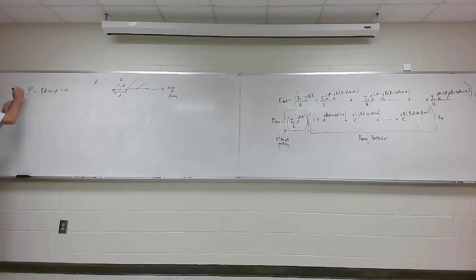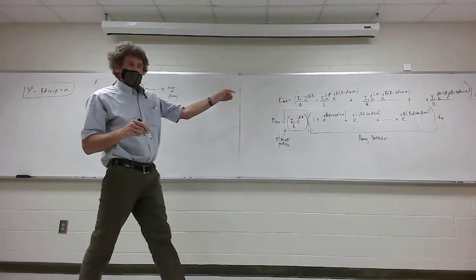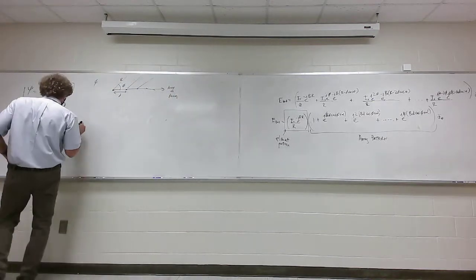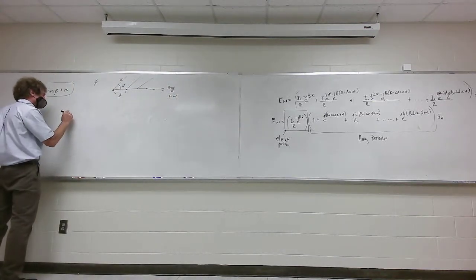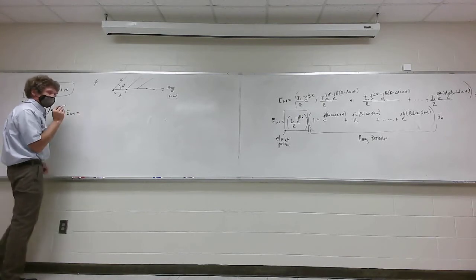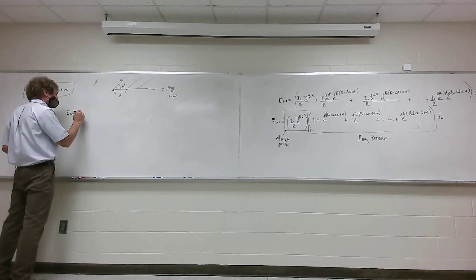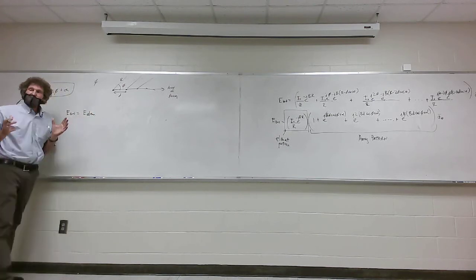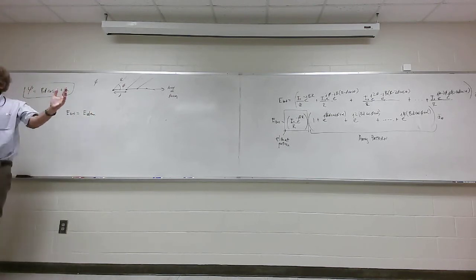So we have this. Now what I do is take this, and I'm going to rewrite it in terms of a summation. Just watch this. So I have E total equal to, and I'm just going to replace that first term. I'm going to call it E element. That is the electric field from one element used in the array.